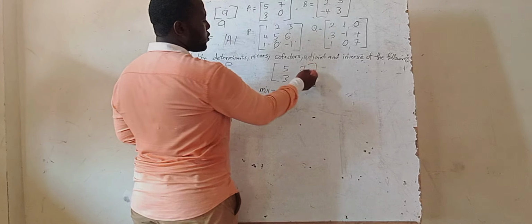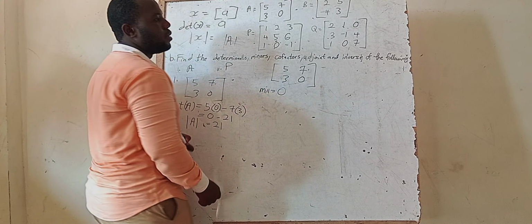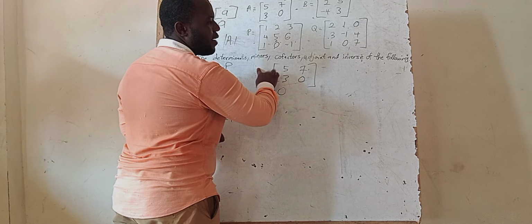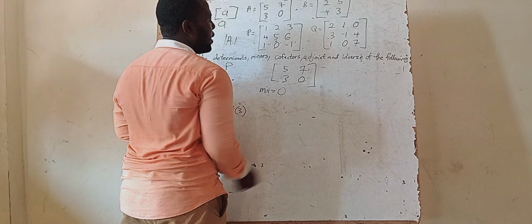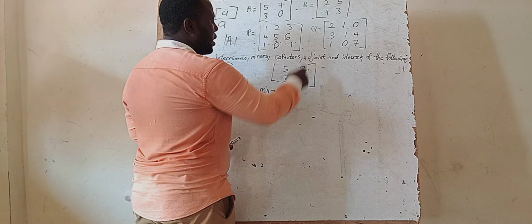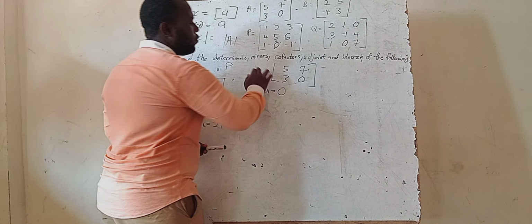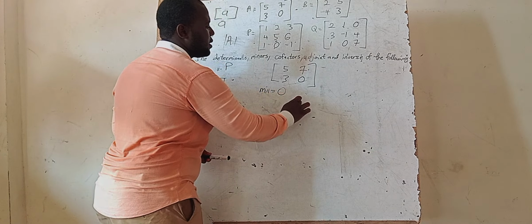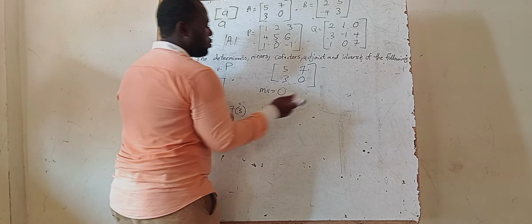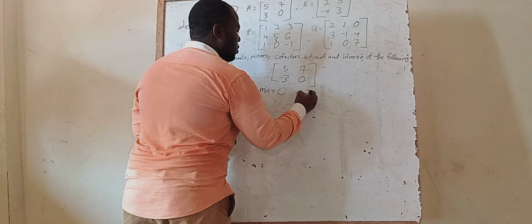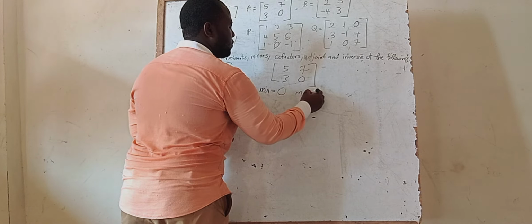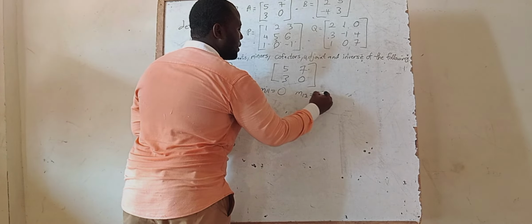Let's move on to M12. This is M12. The same way, we eliminate every number on its row and every number on its column. If we eliminate this and this, we are left with 3. So the minor M12 will be 3.